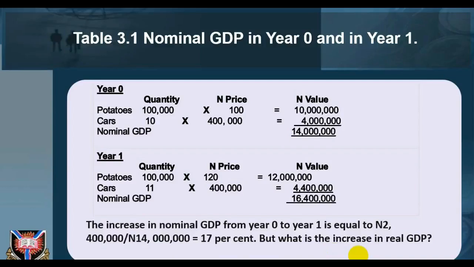By construction, real and nominal GDP will be the same in year 1, both equal to 16,400,000. The increase in the real GDP will be equal to 400,000 over 16 million, thus 2.5%. It will thus be a smaller increase in GDP than we obtain using year 0 as a base year.